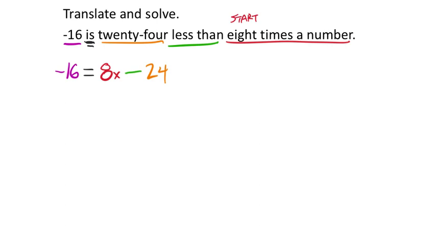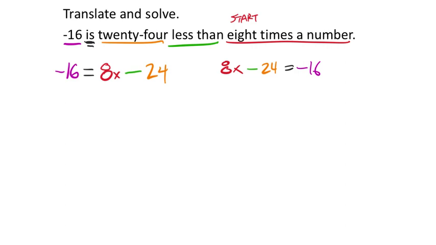But we have to be careful on these because if we get the order wrong, then we're likely to go wrong, which we would. So if you wanted to, you could have written it as just 8x, I'll keep it color coded, minus 24 equals -16. This would work. I kept it like this just to keep it more of a direct translation.